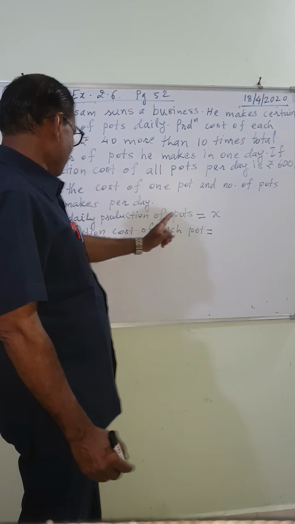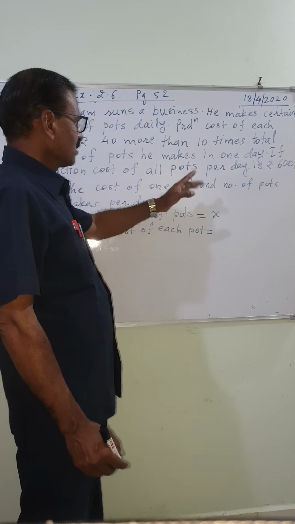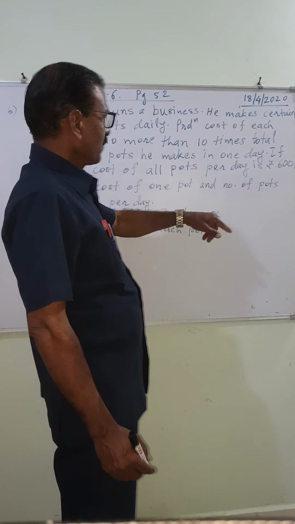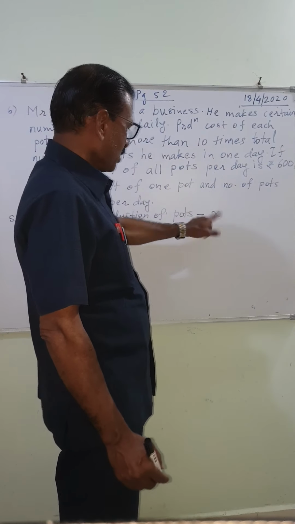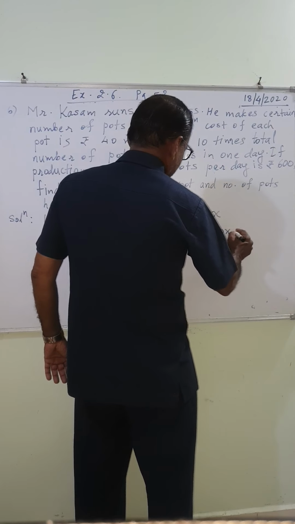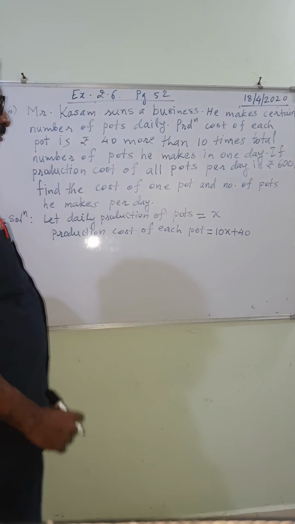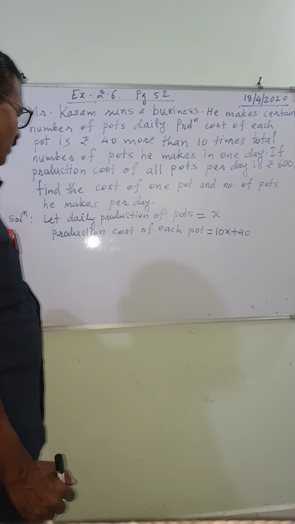In one day, how many pots he makes? X. 40 more means plus 40 by 10 times the total number of the pots. Therefore, 10x plus 40 will be the production cost of one pot.